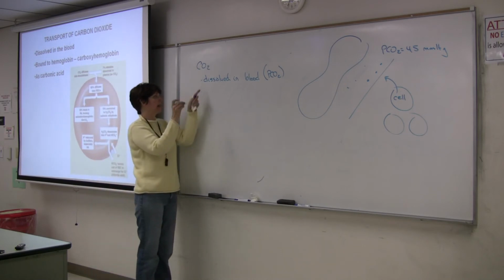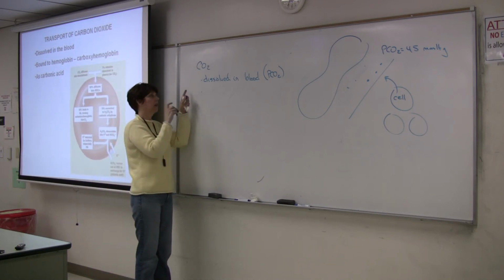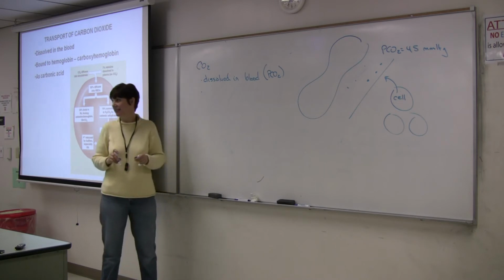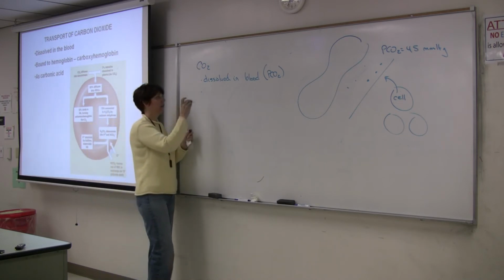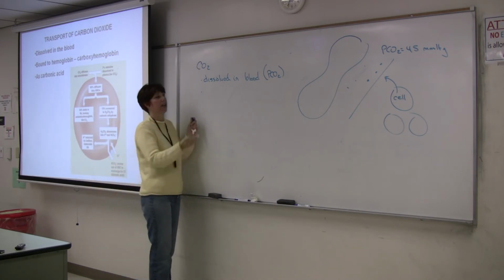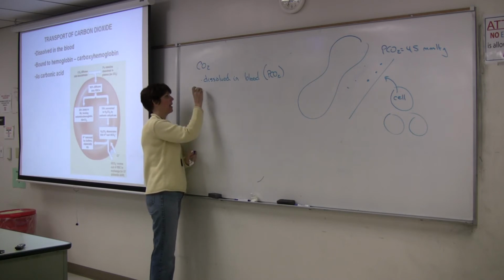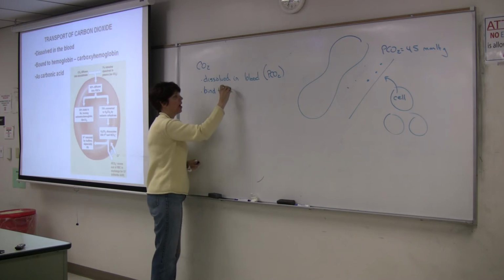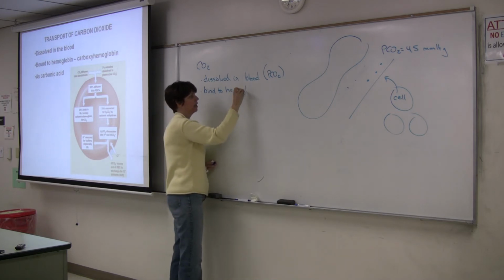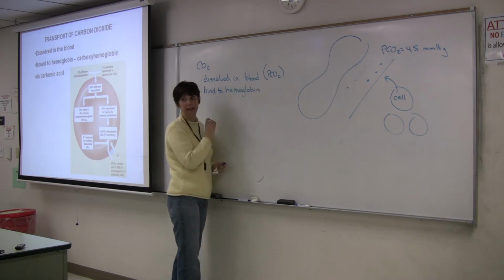Some of this, about 7 to 10%, will be dissolved in the blood. About 20 to 25%, you don't need to know those numbers, will bind to hemoglobin. But it does not compete with oxygen for iron.